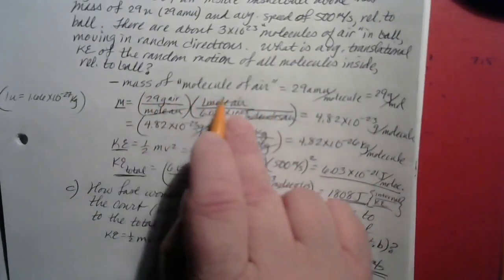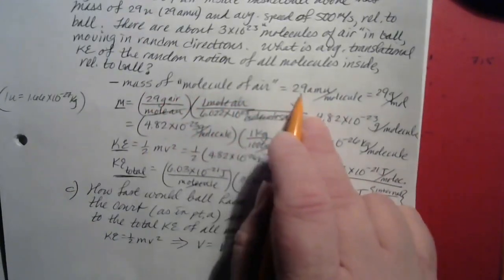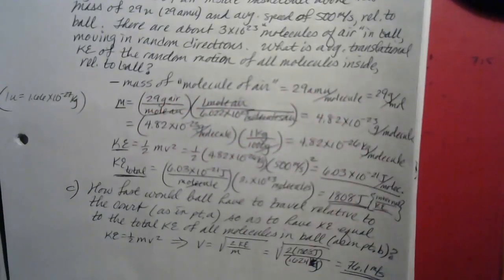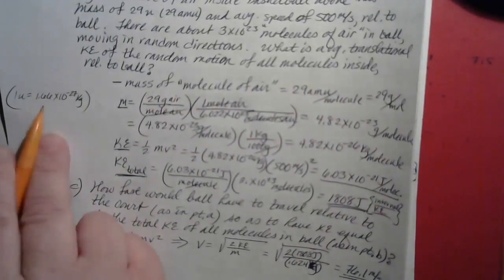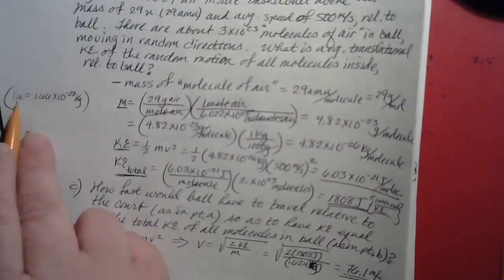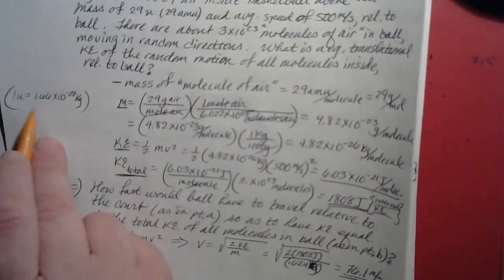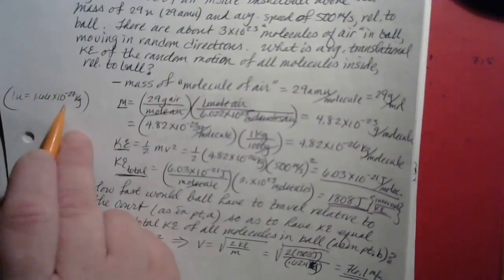They tell us that the mass of a molecule of air is 29 atomic mass units per molecule. You can look up a conversion factor between atomic mass units and kilograms if you want to do it the easy way, the physicist's way of doing it. One atomic mass unit is 1.66 times 10 to the minus 27 kilograms.